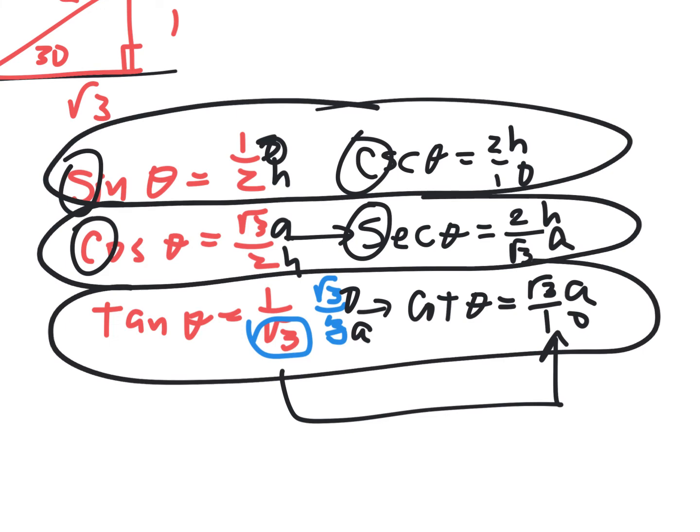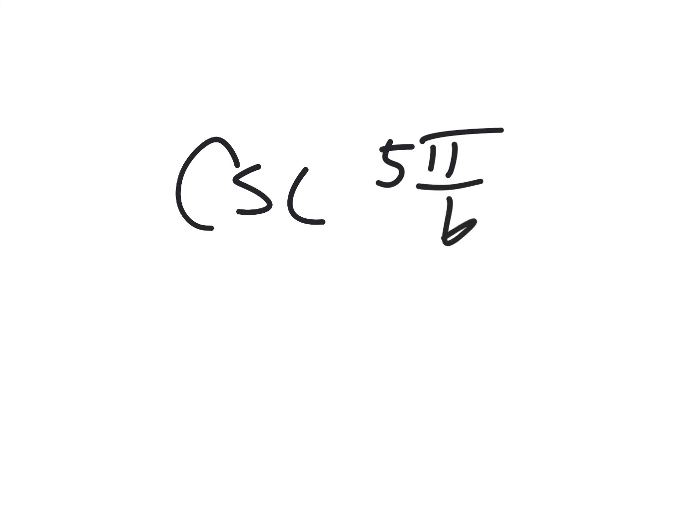All right, so when would you ever see this? Well, just like we always gave you problems like find the sine of 5 pi over 6, now we could say find the cosecant of 5 pi over 6. And here's what I would do if I were you. I would peacefully resist and say, I'm not doing cosecant of 5 pi over 6, Mr. Server.